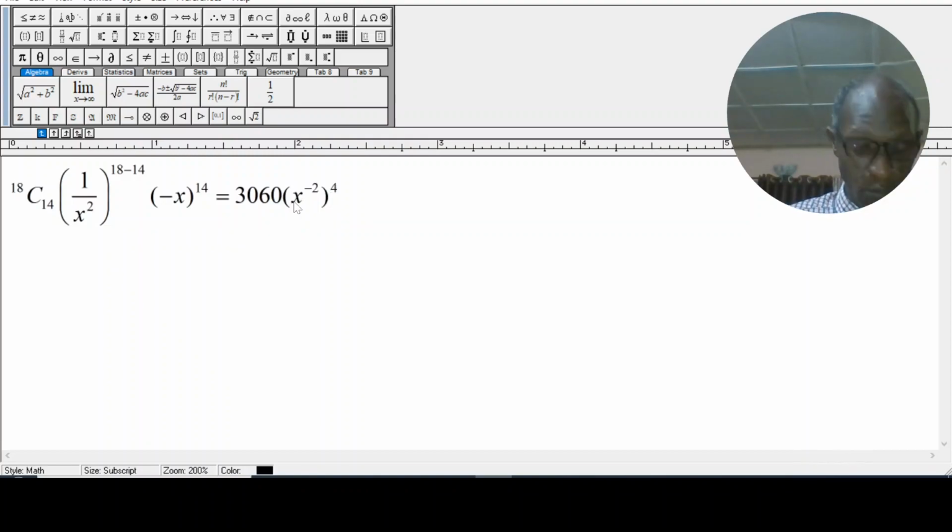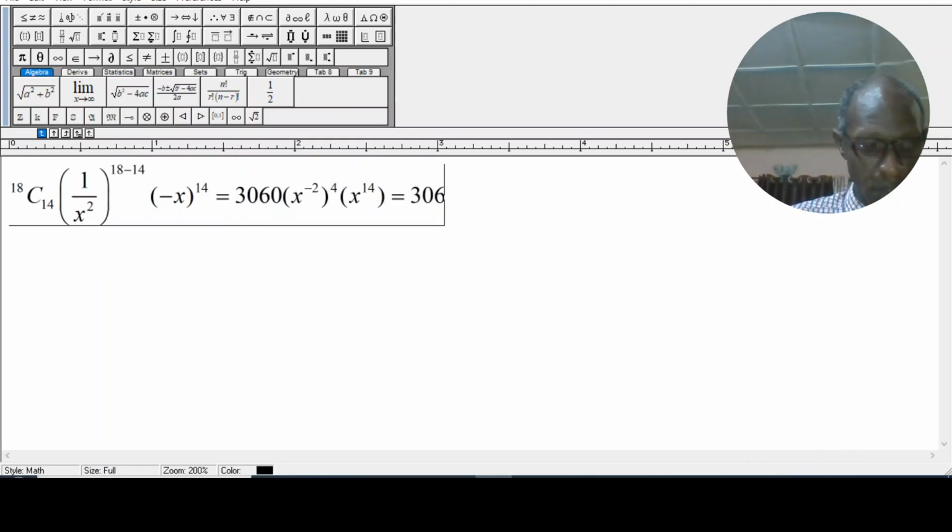Then because 14 is an even number, the minus will change to plus, so we have x raised to the power of 14 there. So we have 3, and that one will be x raised to the power of minus 8, and then we have x raised to the power of 14.